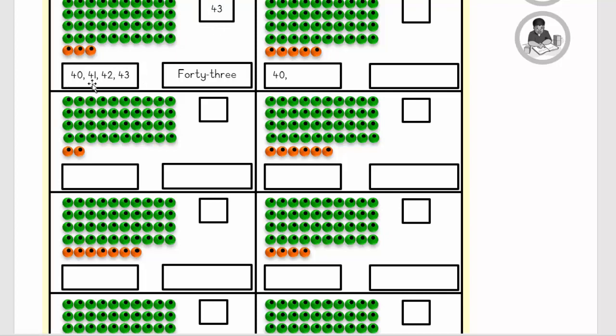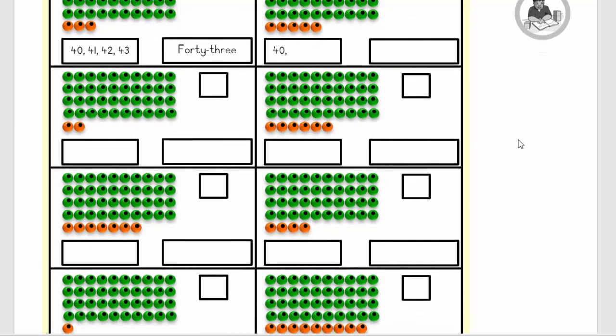We're going to write down how we counted it. We start with 40, 41, 42, 43. And then we're going to write it down in words. Please note that this space is not always enough, so you need to write these answers in a writing book. But the counting of the beads is very, very important.